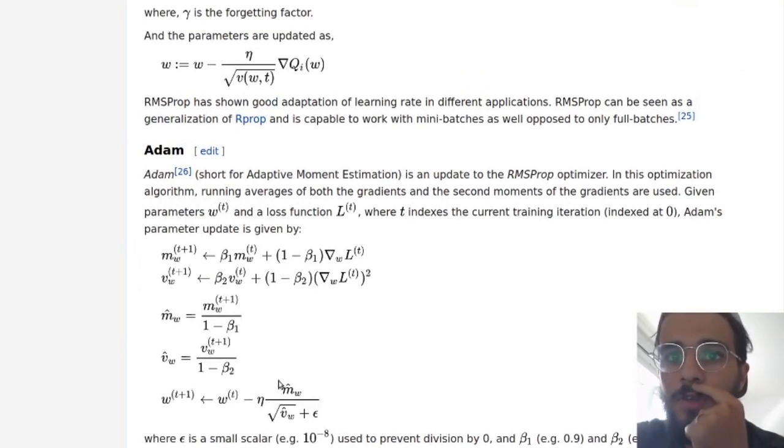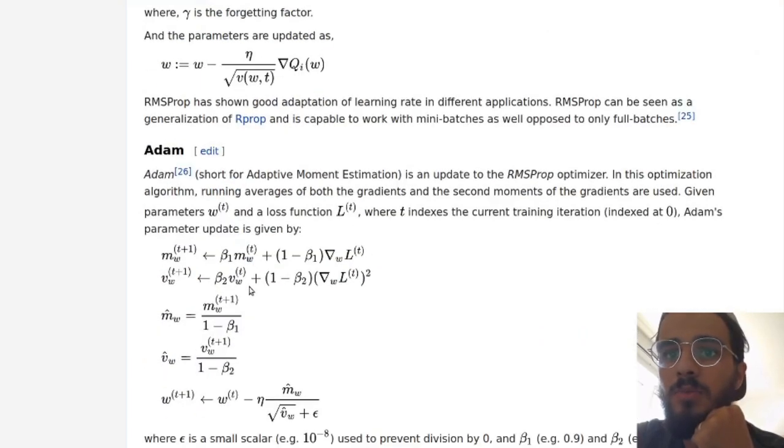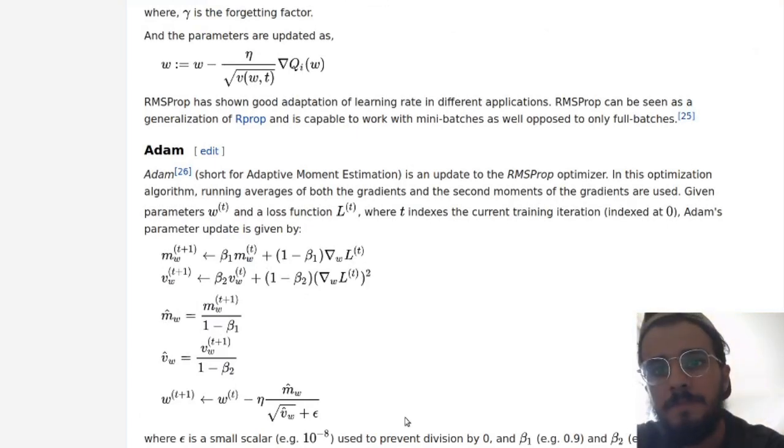And if you look over here, the learning rate is over there, and instead of putting it alone like in RMS prop, we put it times the running average for the first moment. That's it.